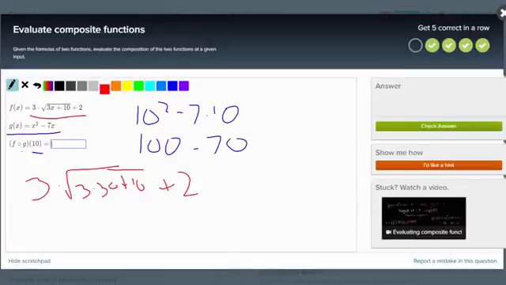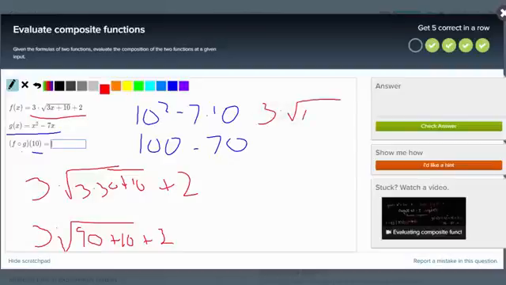So now I get 3 times the square root of 90 plus 10. Outside the square root is a plus 2. Gotta do inside the square root. Square root of 90 plus 10 is going to be, so we got 3 times the square root of 100 plus 2.